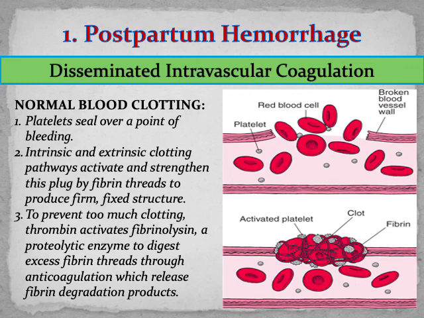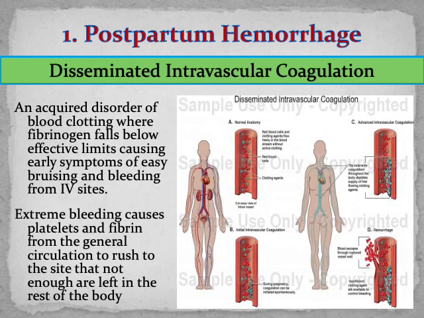In DIC, what happens? Dito, nagkakaroon ng acquired disorder of blood clotting kasi yung fibrinogen, it falls below effective limits. At dahil doon, nagkakaroon ng early symptoms of easy bruising and bleeding from IV sites.